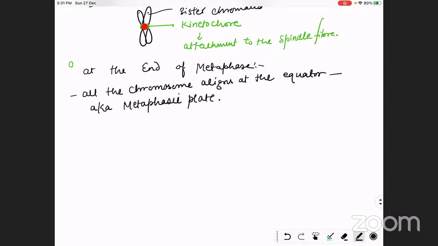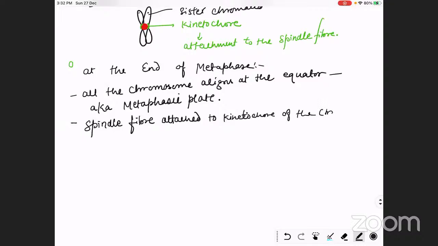And second thing, spindle fibers are attached to the kinetochore of the chromosome.